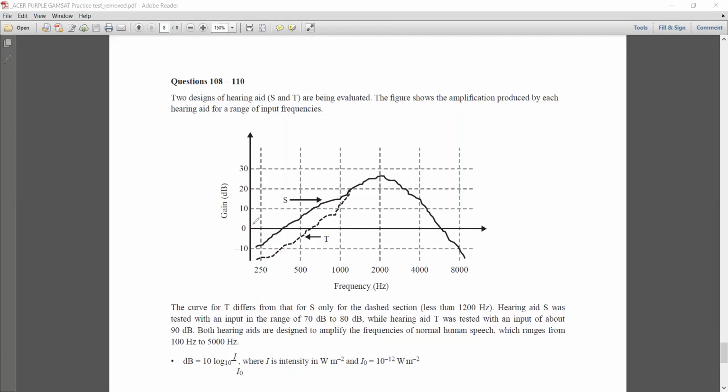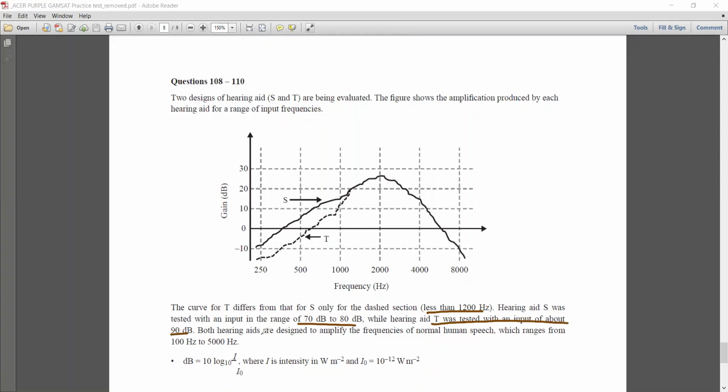Now they have defined some kind of graph associated with that, and in the passage they describe the curve for T and the curve for S, shown by dashed lines with frequency less than 1200 hertz. Hearing aid S was tested with an input in the range of 70 to 80 decibel, and T was tested at something around 90 decibel.